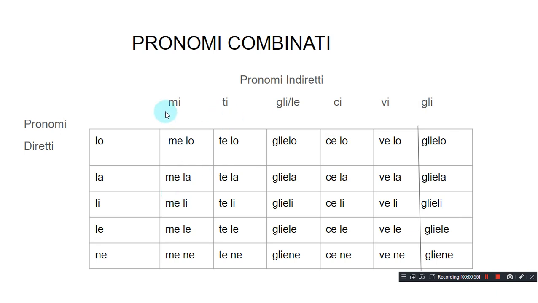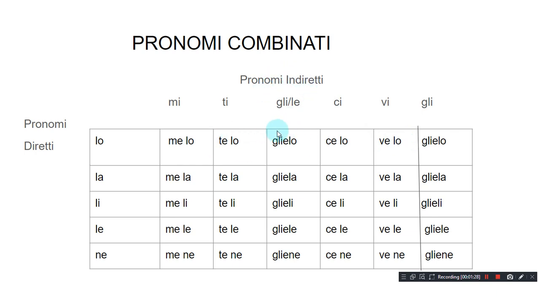Here the pronouns mi, ti, ci, and vi, once combined with pronomi diretti lo, la, li, le, and ne, no longer end with the letter I, but with the letter E. Mi becomes me once combined with a direct object pronoun: melo, telo, celo, velo.